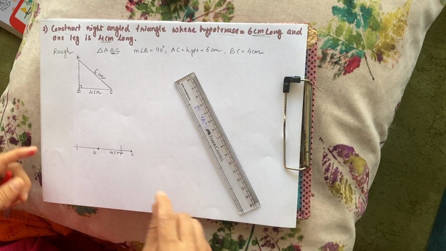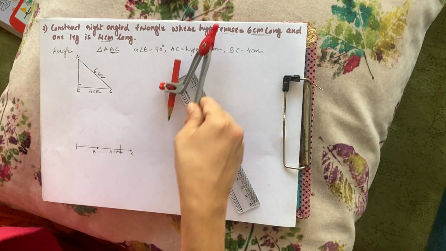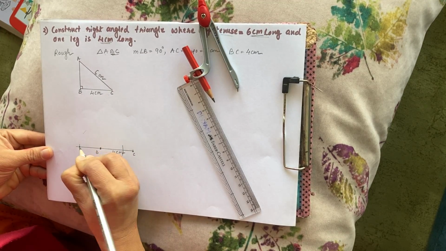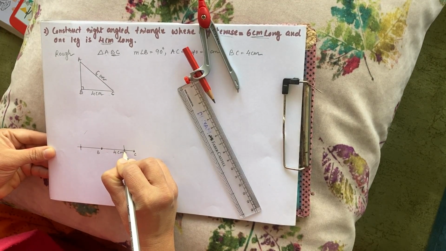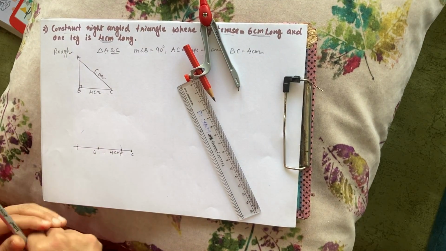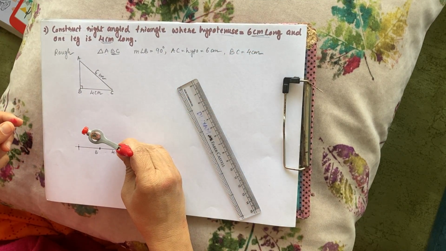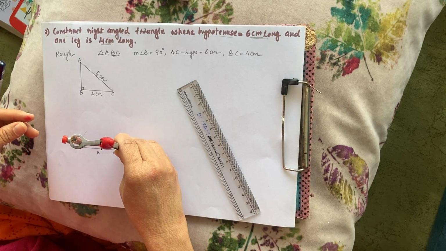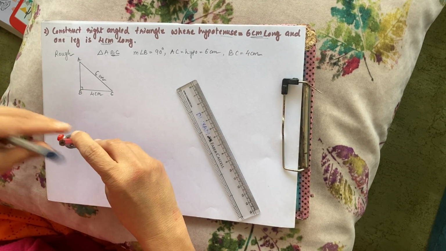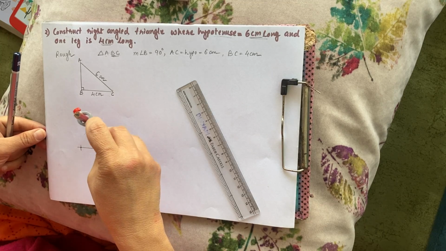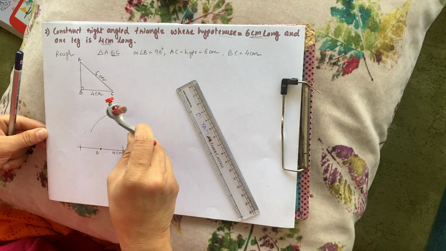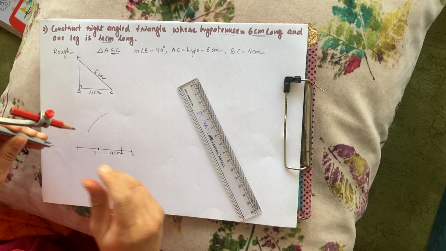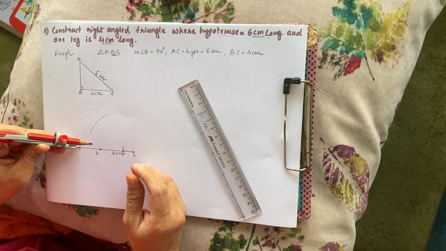Now, I got 2 points. One is here, one is here. You don't need to mention any name to these points. Now, take a measurement more than this, and construct an arc on both sides from these 2 points.